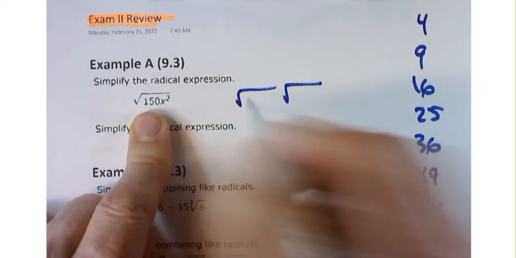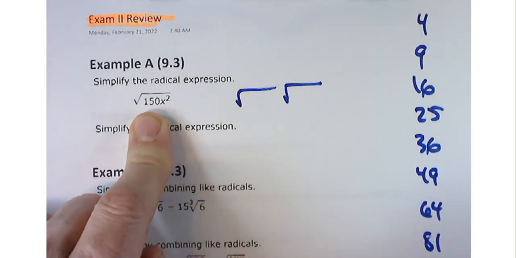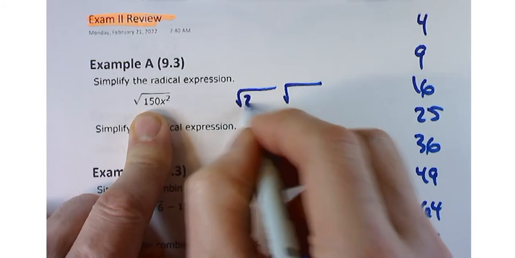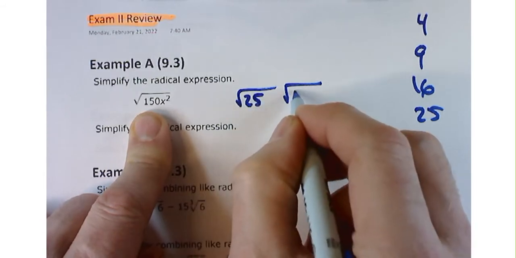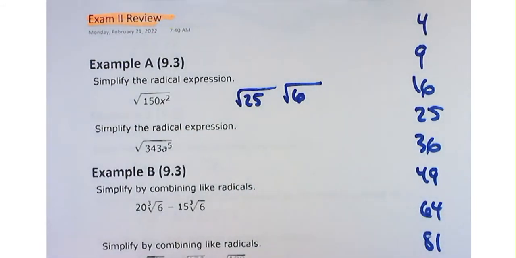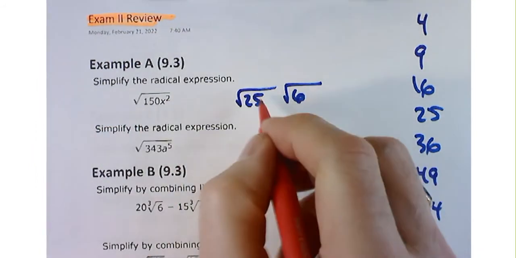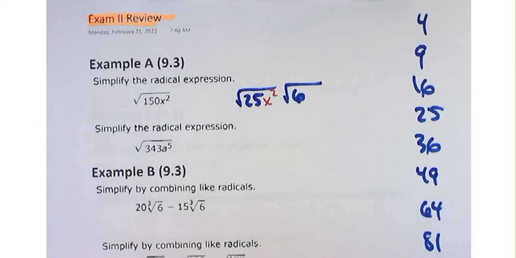So of the perfect squares, you work your way up the list, and the largest one that goes into here evenly is 25. And it goes in there 6 times. But then you have to deal with the x. And x squared is a perfect square, so I'll put that in the first radical.